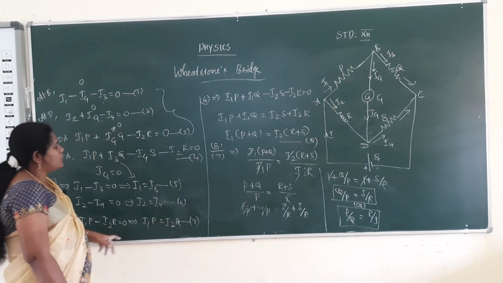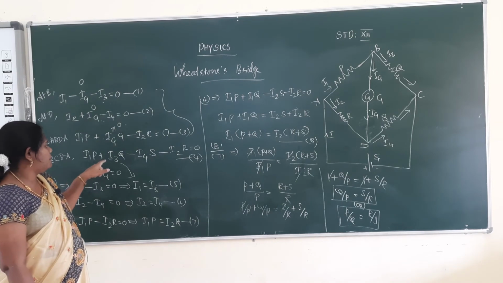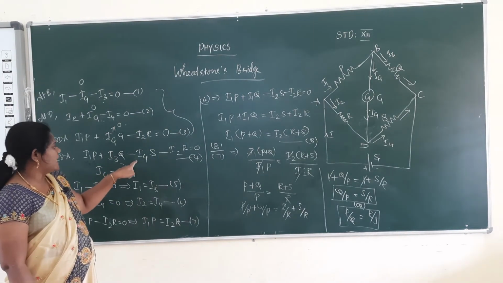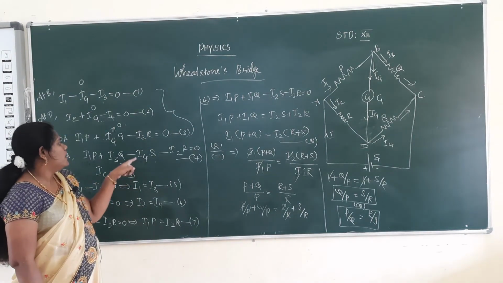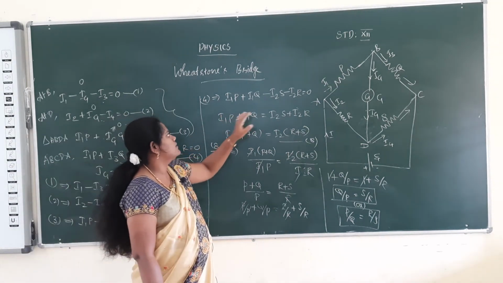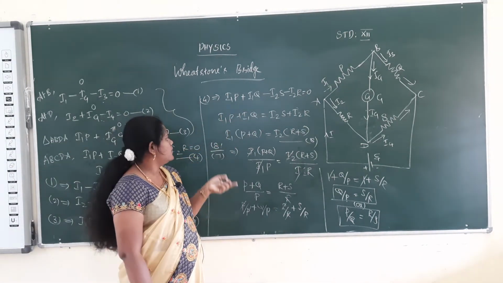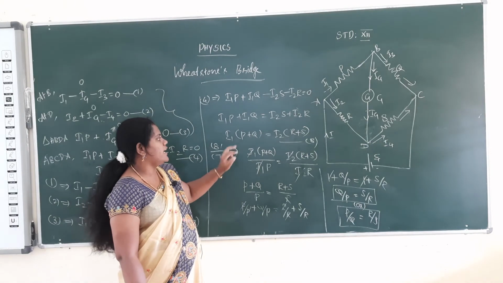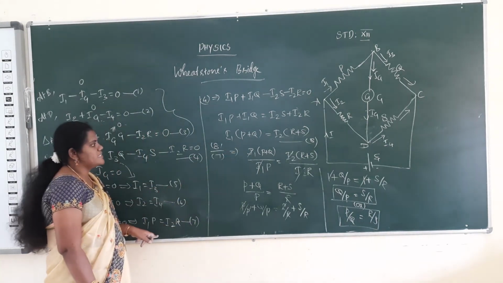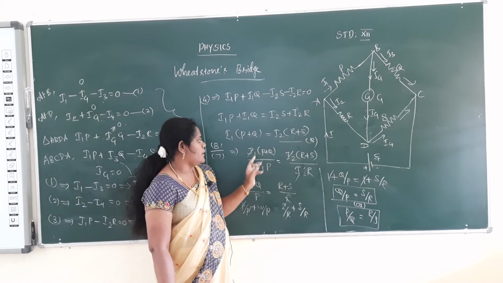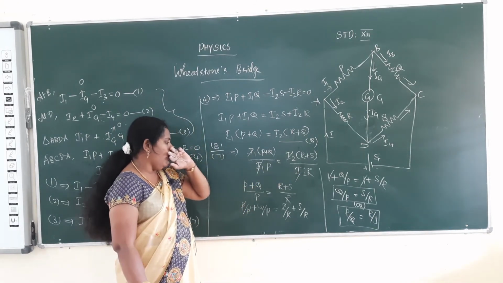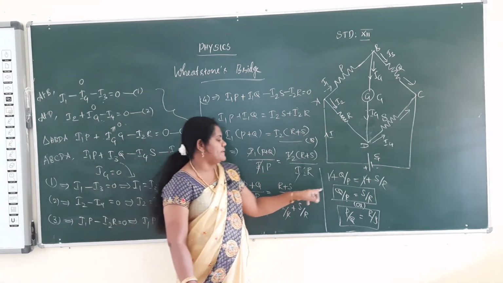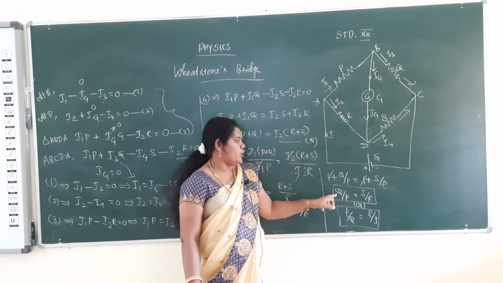Then fourth equation, I1P plus I3Q; instead of I3 we put I1, so I1Q minus I2S, instead of I4 we put I2, so I2S minus I2R, taken as R plus S. So taking I2 on the right side, I1(P+Q) is equal to I2(R+S). This is the eighth equation. Then dividing the 8th equation by the 7th, I1 cancels, I2 cancels. (P+Q)/P is equal to (R+S)/R. Then we get 1 plus Q by P is equal to 1 plus S by R. So Q by P is equal to S by R.